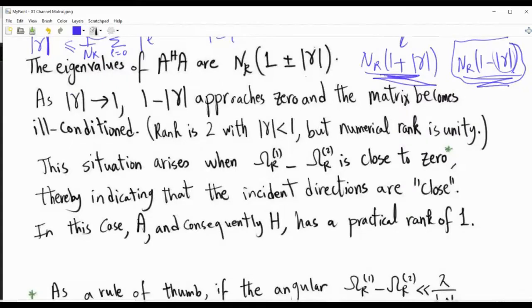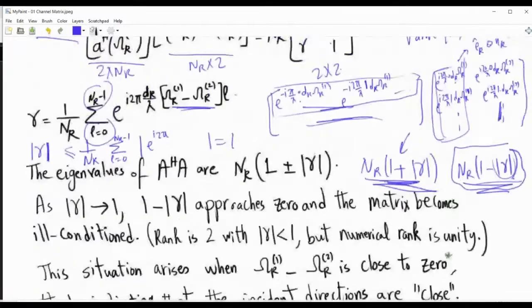Basically, you get magnitude of gamma equals 1, that's the mathematical case, if, for example, these two are the same, which means that the two scatterers are co-located, in the same position. Then this difference is zero, all terms in the summation will be 1, and gamma will be equal to 1. But in practice, we need these two to be close.